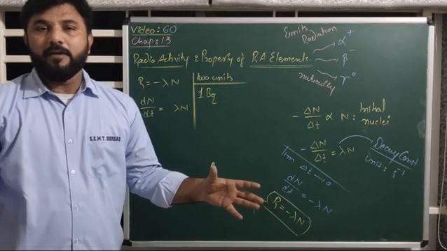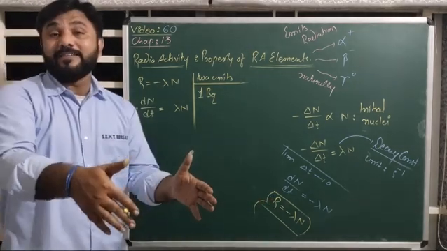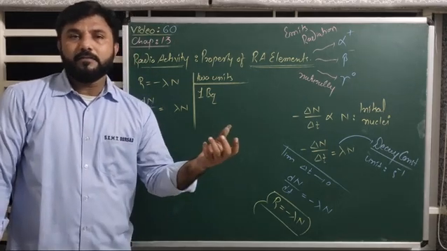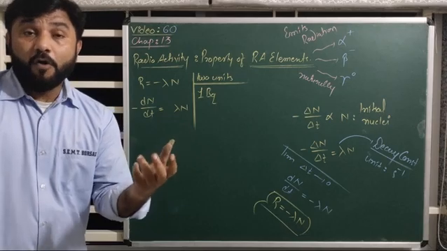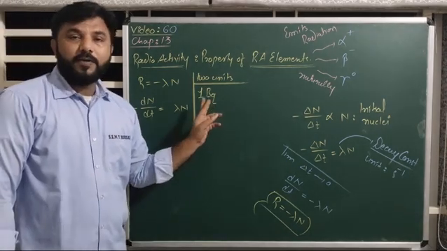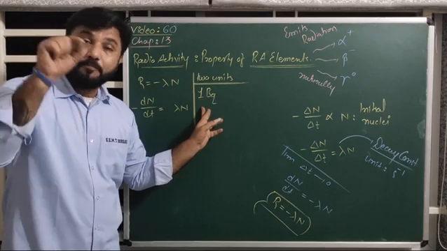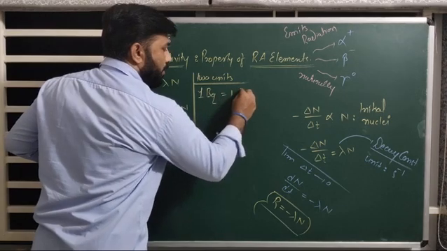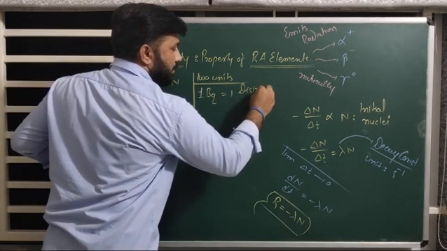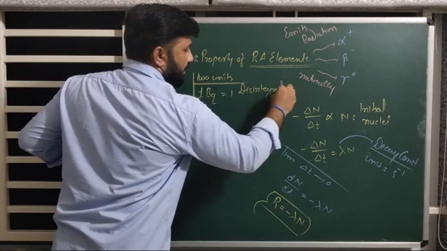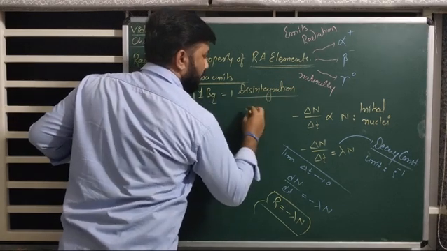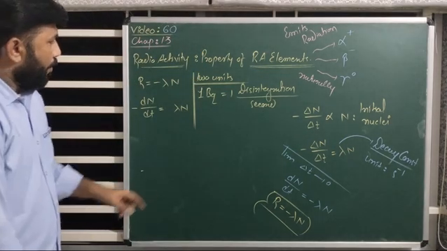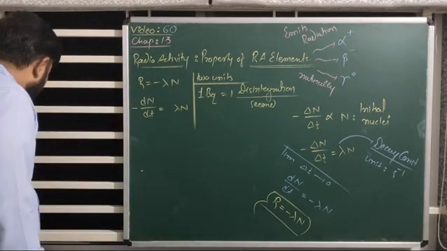It was accidental, not intentional, that he found radioactivity, something was observed by Becquerel, and from the name of that scientist, becquerel is a unit of radioactivity, equal to 1 disintegration per second.